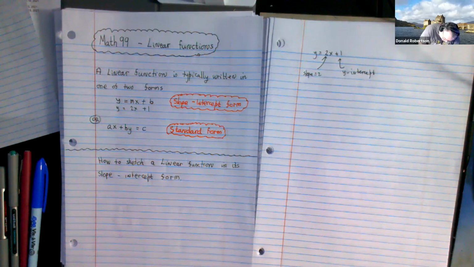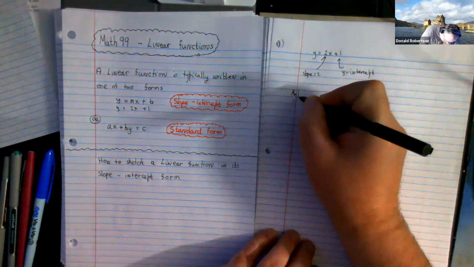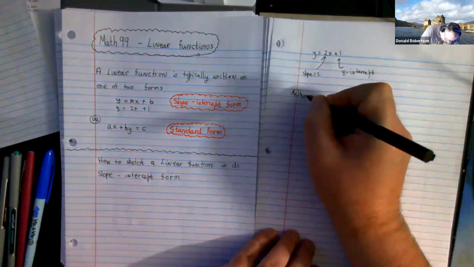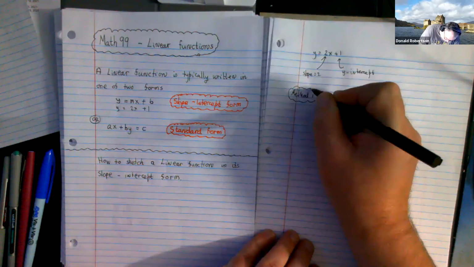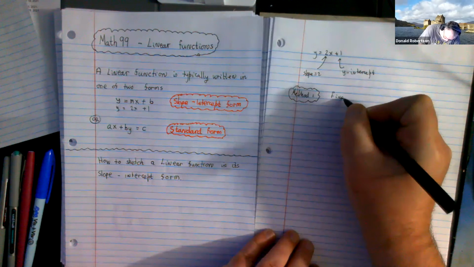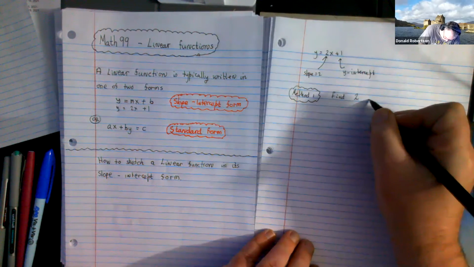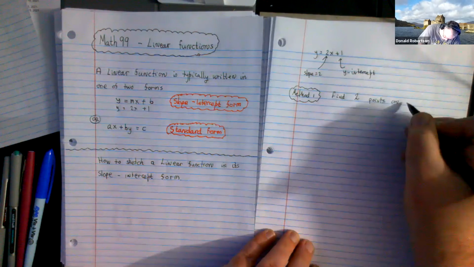Essentially, the method that we're going to use, which I'm going to call method 1, is we're going to find 2 points on the line.